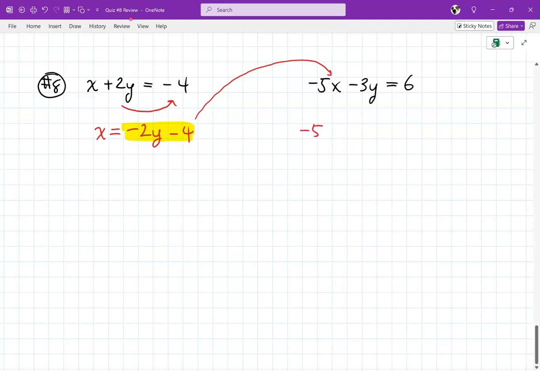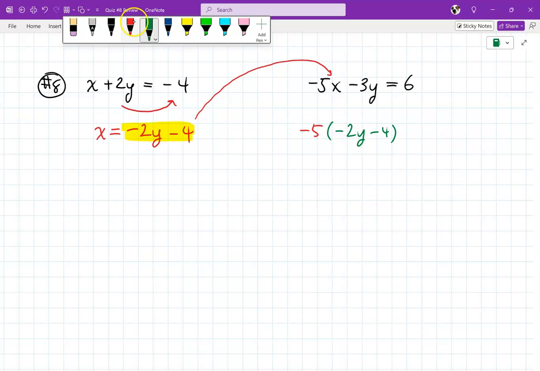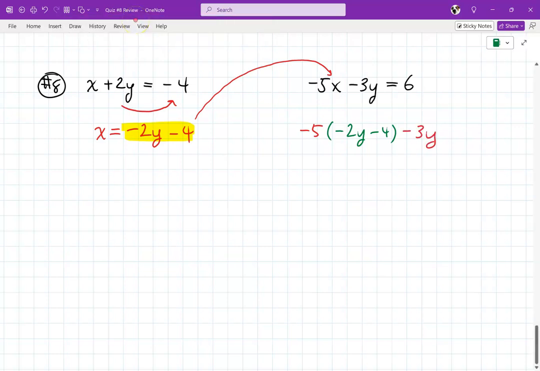So -5 times (-2y minus 4), and minus 3y equals 6. So I'm going to go ahead and distribute. Negative 5 times negative 2 is a positive 10, so that's 10y. Positive 20 minus 3y equals 6. And then 10y minus 3y gives me 7y plus 20 equals 6.